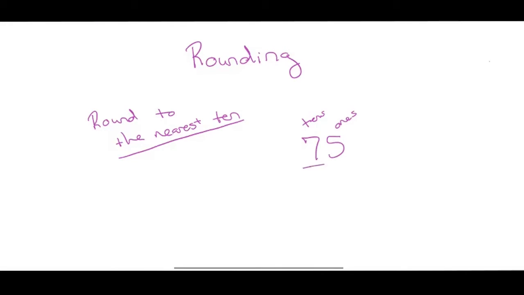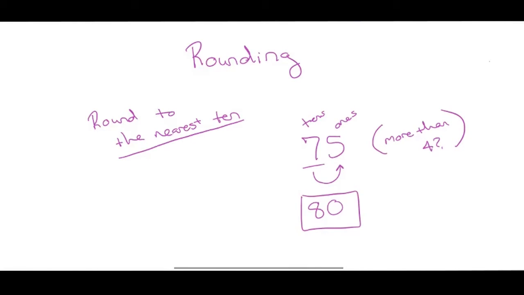So I look to the tens place, I look to the right, and I ask myself, is this more than 4? 5 is more than 4, so that means I'm going to add 1 to the 7 and get 8. Make the 5 a 0, and it becomes 80. 75 rounded to the nearest 10 is 80.